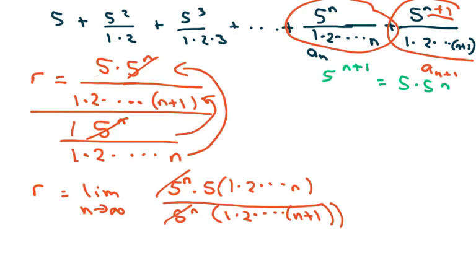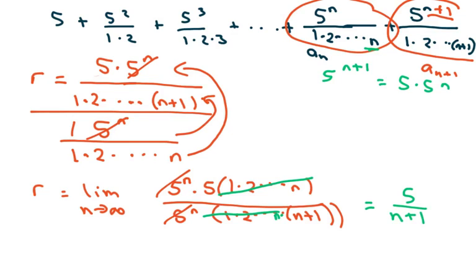Alright, so these cancel, which we already did. And when you simplify this, because you know that right here, this has also got this times n here. So it's got the n there from the previous term. So these two cancel out, and you're left with 5 over n plus 1.